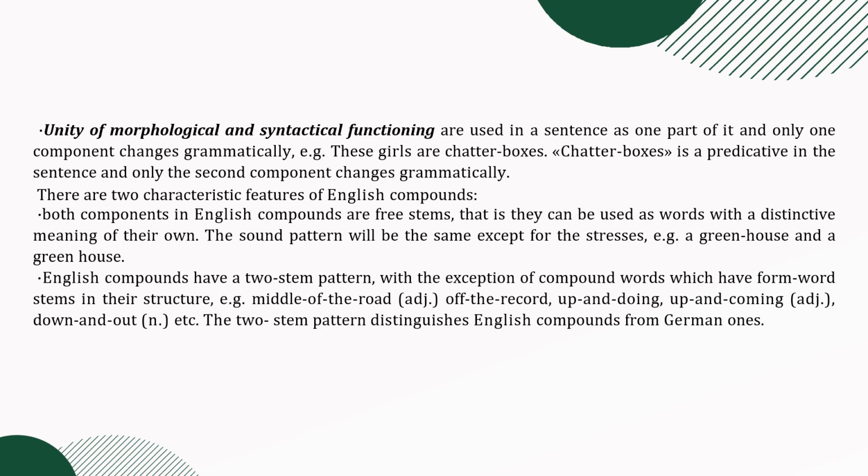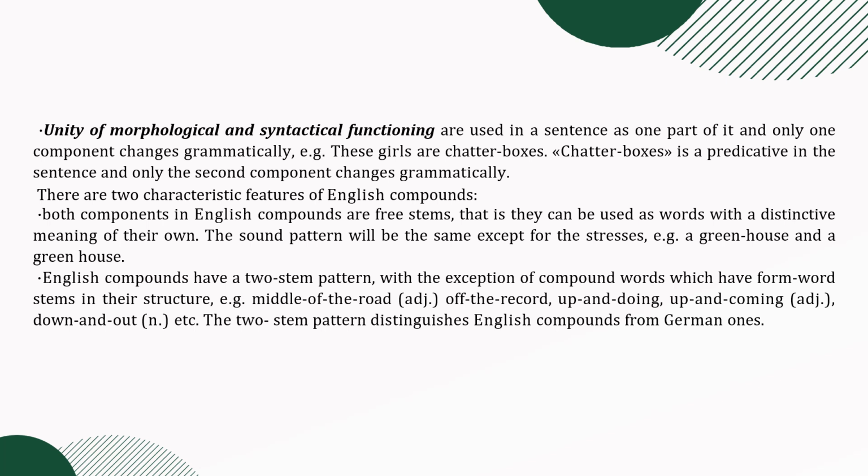Unity of morphological and syntactical functioning: compounds are used in a sentence as one part of it and only one component changes grammatically. For example, these girls are chatterboxes. Chatterboxes is a predicative in the sentence and only the second component changes grammatically.